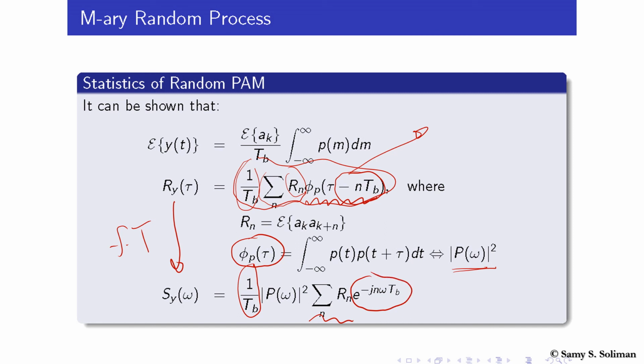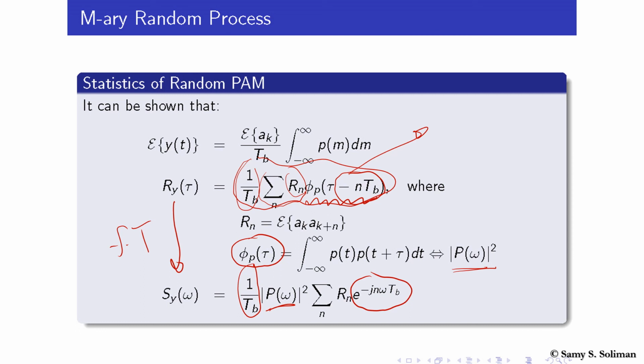Only this exponential term is a function of n, so it is kept inside the summation, while P of omega itself can be taken outside.